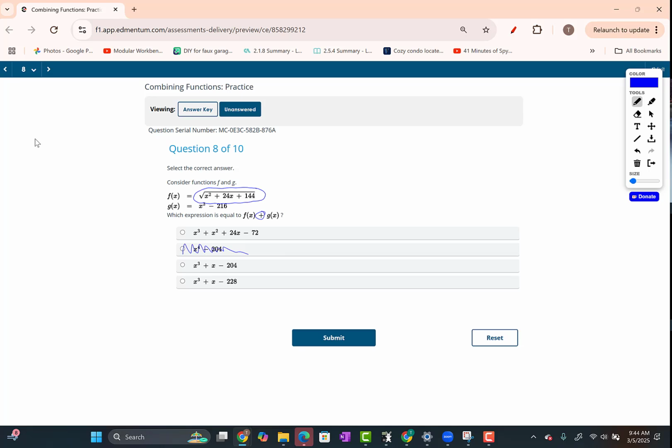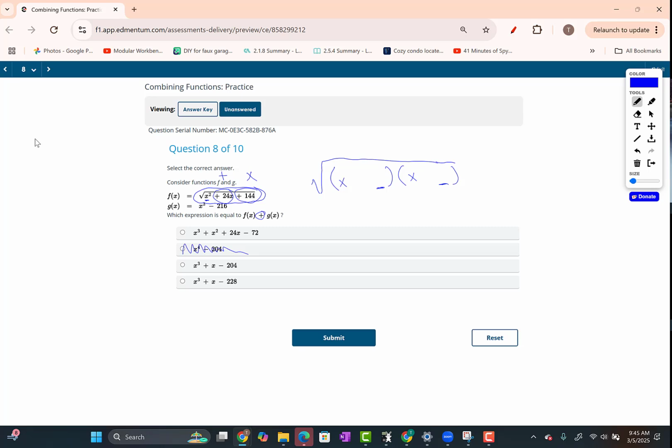What I recognize from that problem is if I factor x squared plus 24x plus 144, only two things that will multiply together to give us x squared are x and x. These last two numbers, whatever they are, have to multiply together to give us 144 and have to add to give us 24.